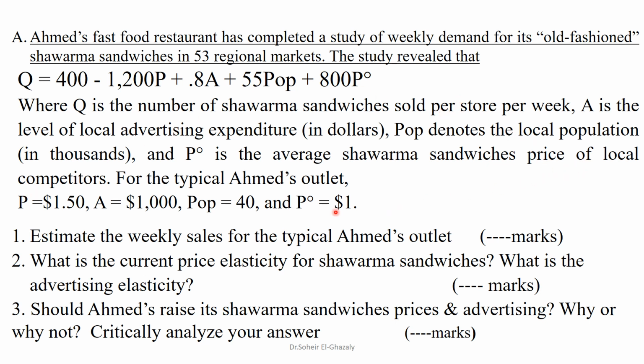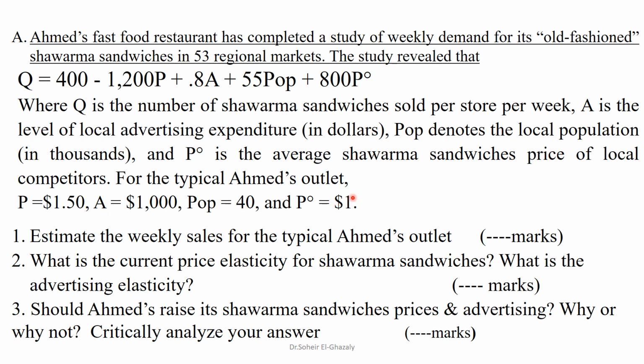It's not written here, but I will write it for you in the exam. P is the price that he's selling his shawarma at. He's selling the old-fashioned shawarma sandwiches at $1.50.